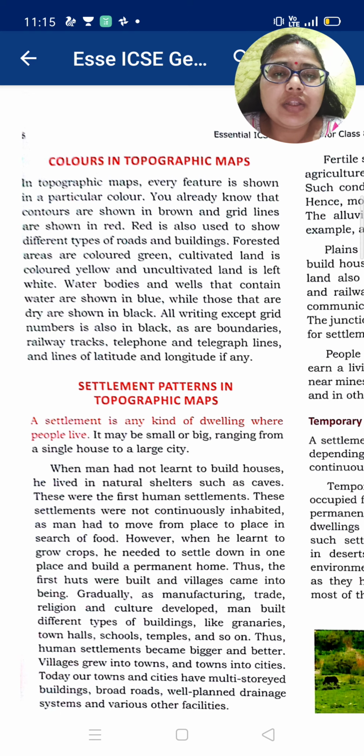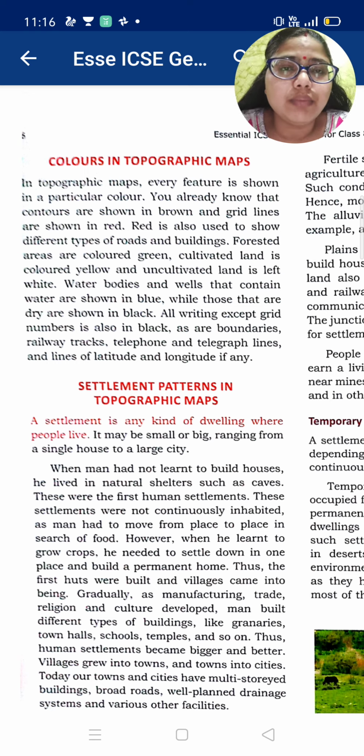Okay, now the water bodies and wells that contain water are shown in blue. Because we know that water reflects blue, it is shown in blue color. Then those that are dry regions are shown in black.